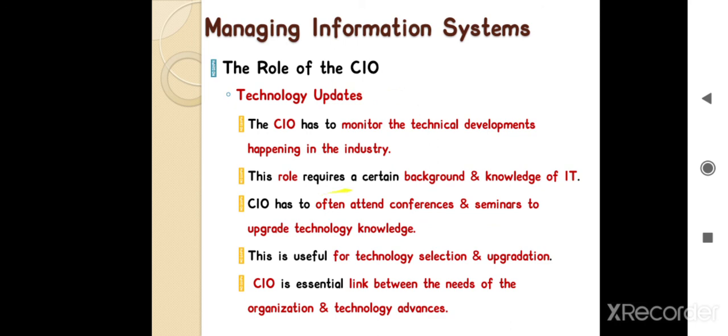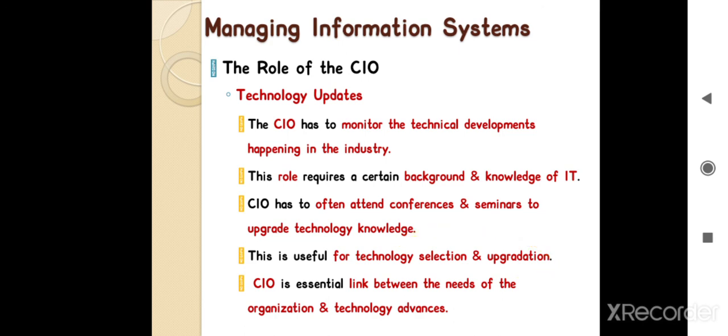This role requires a certain background and knowledge of IT, and if they want to get such technological change knowledge, then they must attend conferences and seminars to upgrade their technological knowledge. This is most important, so as to select a technology or to upgrade the existing technology.